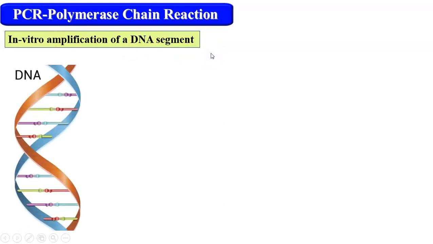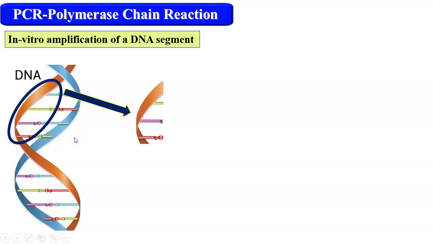Suppose this is a DNA molecule and it has this known DNA sequence, that is a gene, which is the gene of our interest. We want the multiple copies of this gene. Now we want these copies in vitro in the laboratory, and therefore we are using PCR technique.